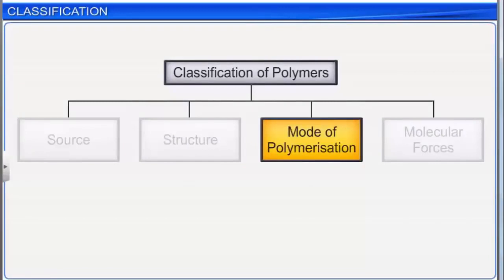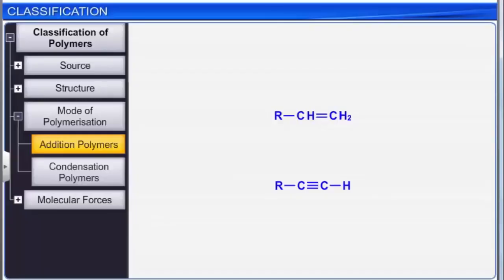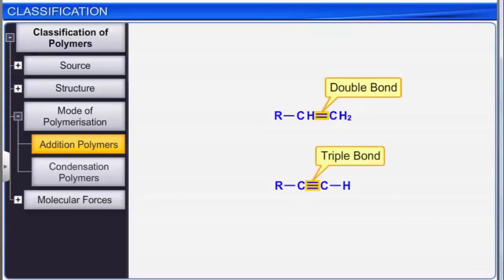On the basis of the mode of polymerization, polymers are classified into two categories: addition polymers and condensation polymers. Addition polymers are formed by the repeated addition of monomers containing double or triple bonds.